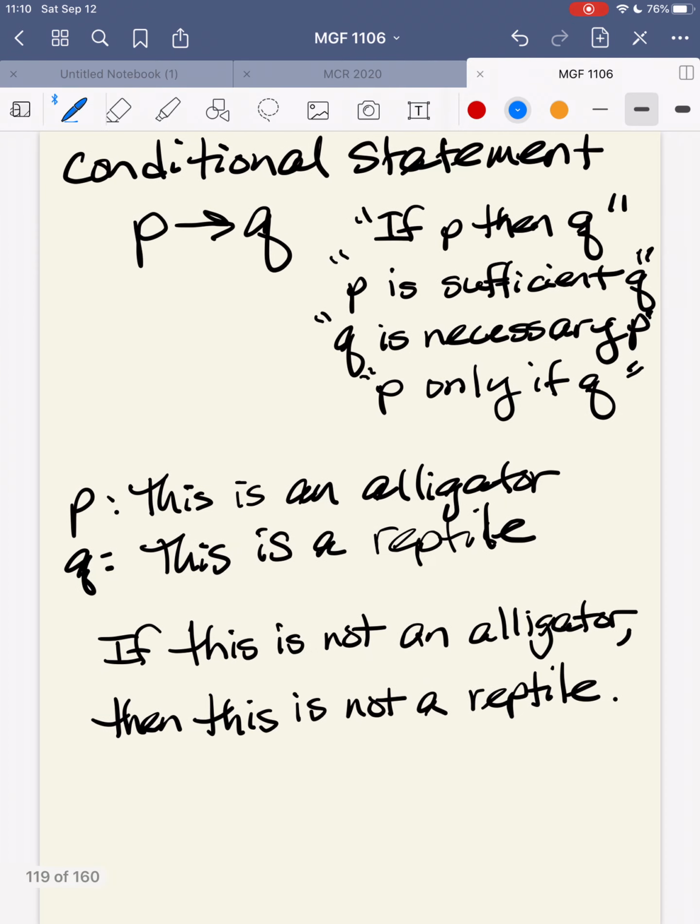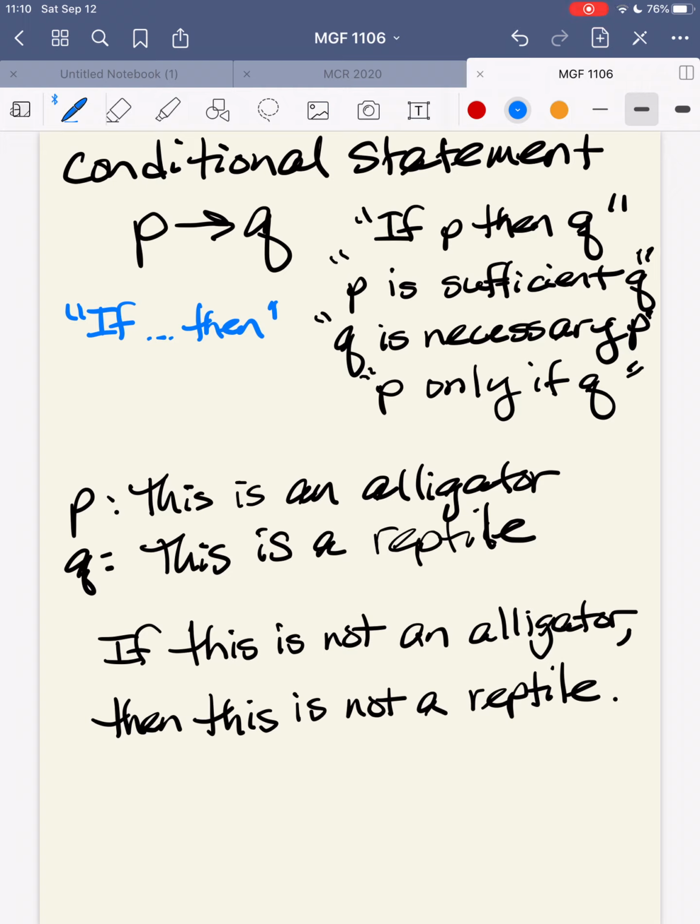All right, we have our conditional statement. The conditional statement is your first statement, an arrow going one direction toward the right, and your second statement. Okay, it's usually called an if-then statement. Those are the words you see a lot.